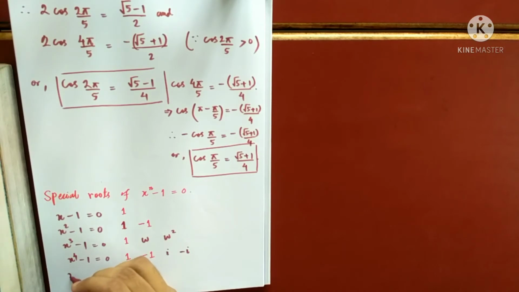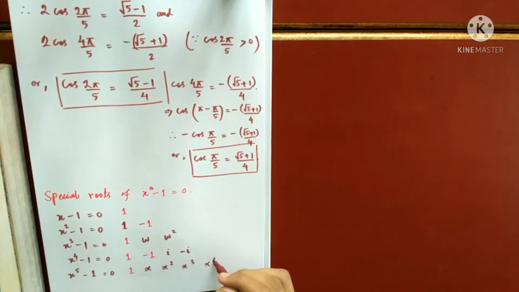Similarly for x to the power 5 minus 1, the roots are 1 and then the four roots are alpha, alpha square, alpha cube, alpha to the power 4. What is alpha? Alpha equals cos of 2k pi by 5 plus I sine 2k pi by 5.